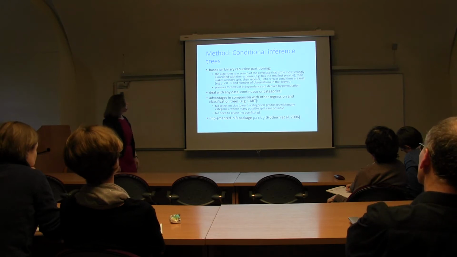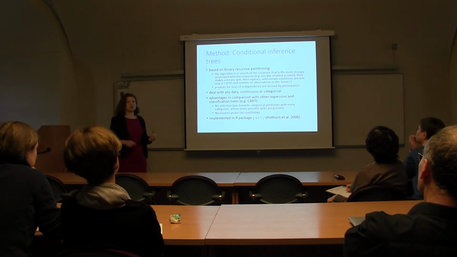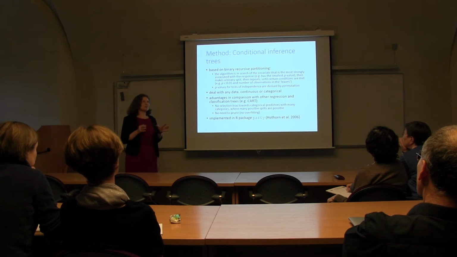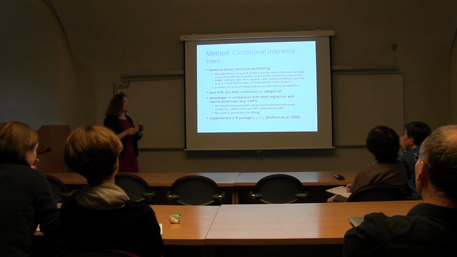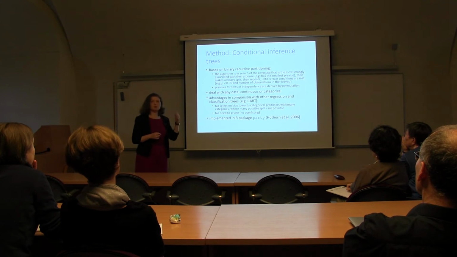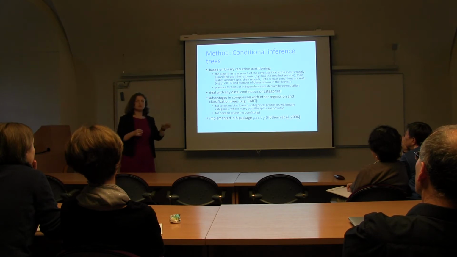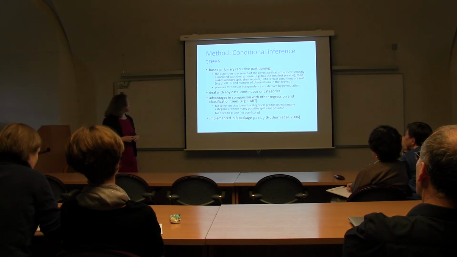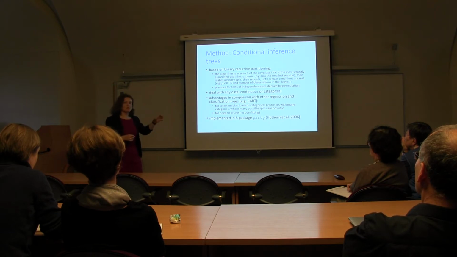This is a method based on binary recursive partitioning, which means that the algorithm is first in search of a covariate, when you have different variables that can alternatively predict or determine some outcome. They're called covariates. The algorithm first tries to find the covariate that is most strongly associated with the response, and the response would be there some TV forms or different types of causatives.